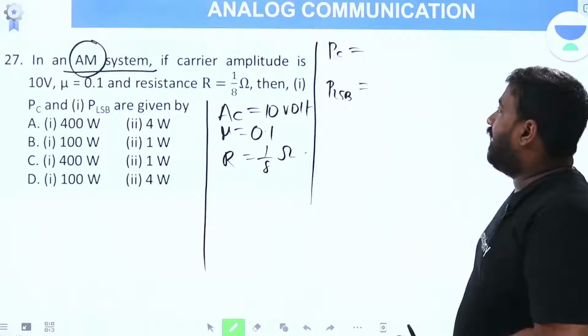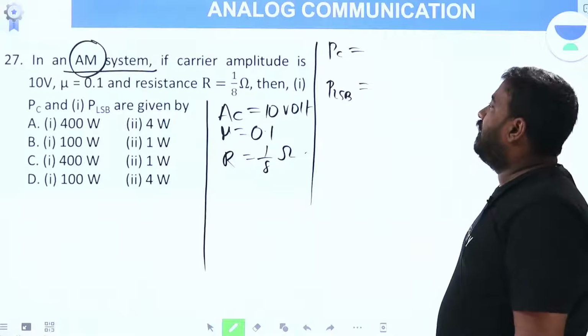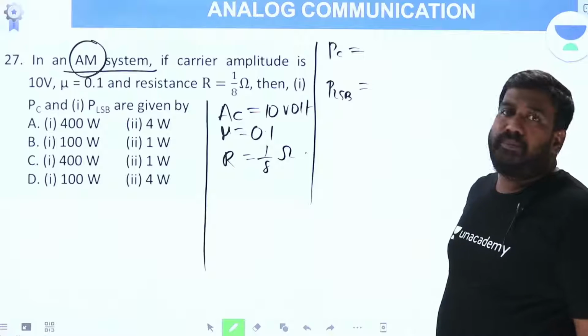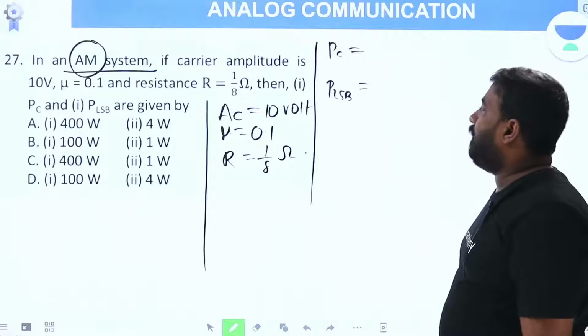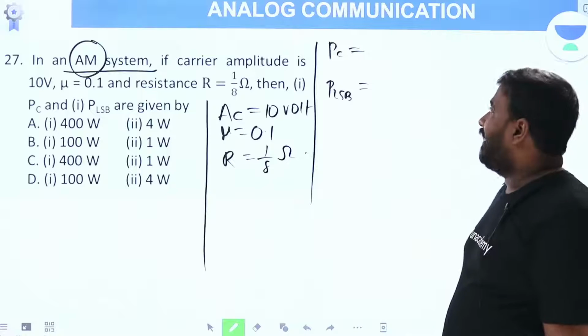Pause the video and calculate. In an AM system, if the carrier amplitude is 10 volt, mu is 0.1, and resistance is 1 by 8 ohm, find the carrier power.